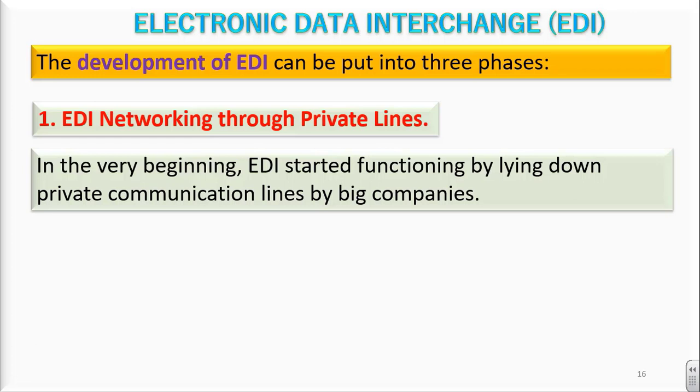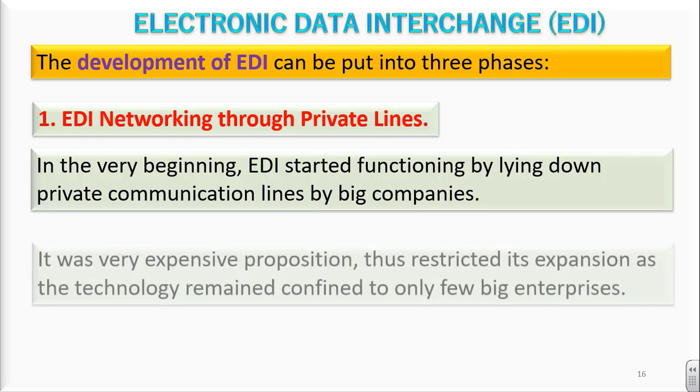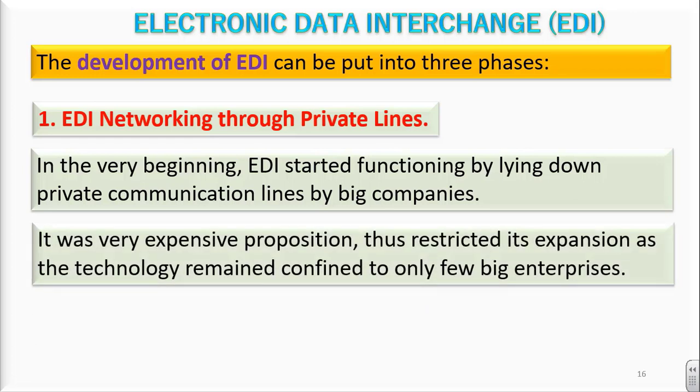If they put up their own private communication lines, then this is EDI networking through private lines. But this proposition is a very expensive one. This restricted its expansion as the technology remained confined to only a few big enterprises. But since this was the beginning, the organizations started having their private lines with each other and they started having electronic communication with each other.